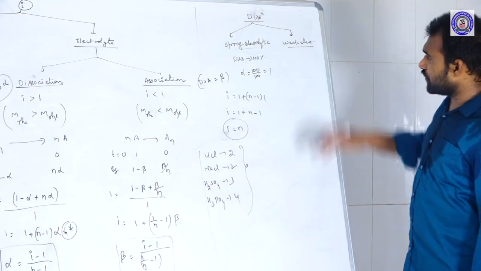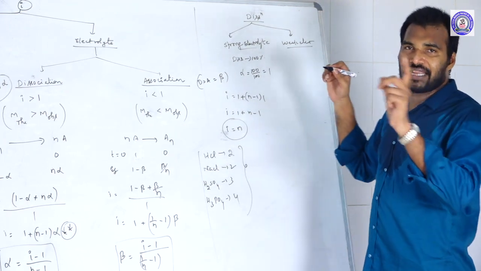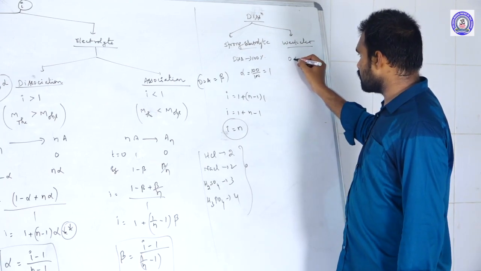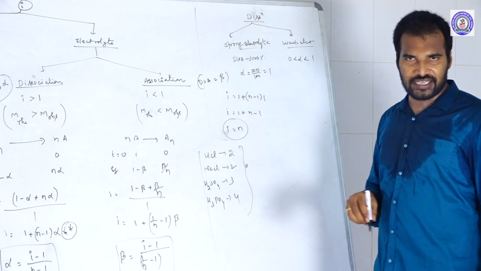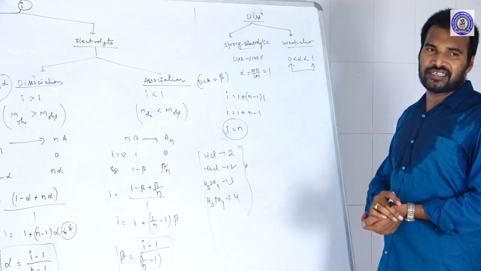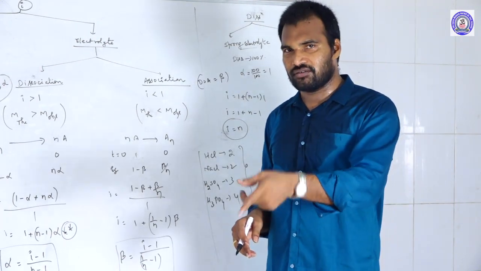Next, coming to the weak electrolytes. Weak electrolytes are electrolytes whose alpha value is not exactly equal to 100%, and whose degree of dissociation is between 0 and 1. Then we call that substance a weak electrolyte. Again, if the alpha value is equal to 0, we call it a non-electrolyte. Remember that.